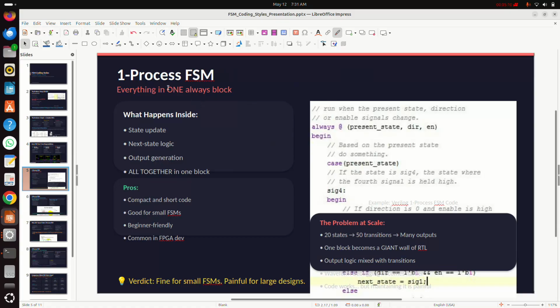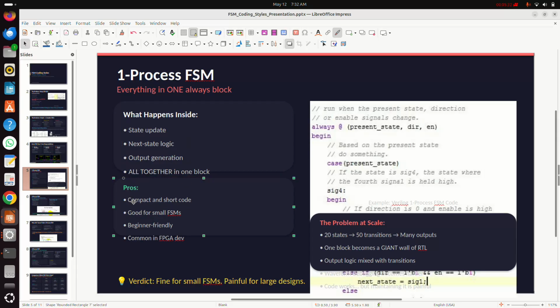Here is the first type of FSM writing process. It is the one process FSM. So what happens inside this? Inside the one process FSM, the state update, next state logic, and output generation are all together in one block. This style is used when a small FSM is needed, like a vending machine or traffic light controller.